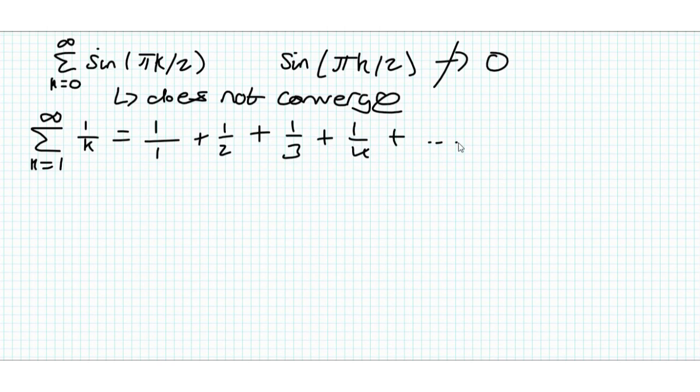And as you can see, 1 over k clearly goes to 0 as k goes to infinity. So we can't use the divergence test to show this diverges, so we have to do some further investigation to see whether this converges or not.